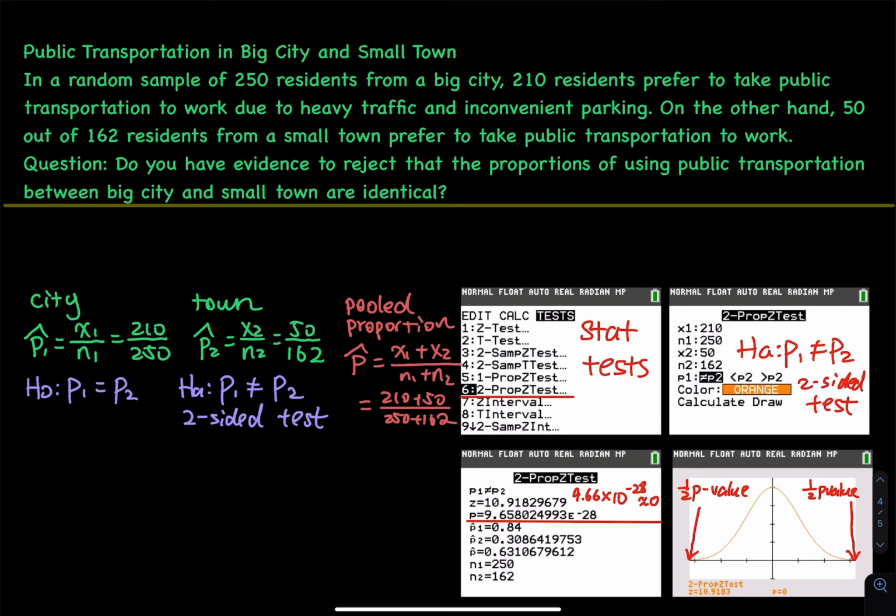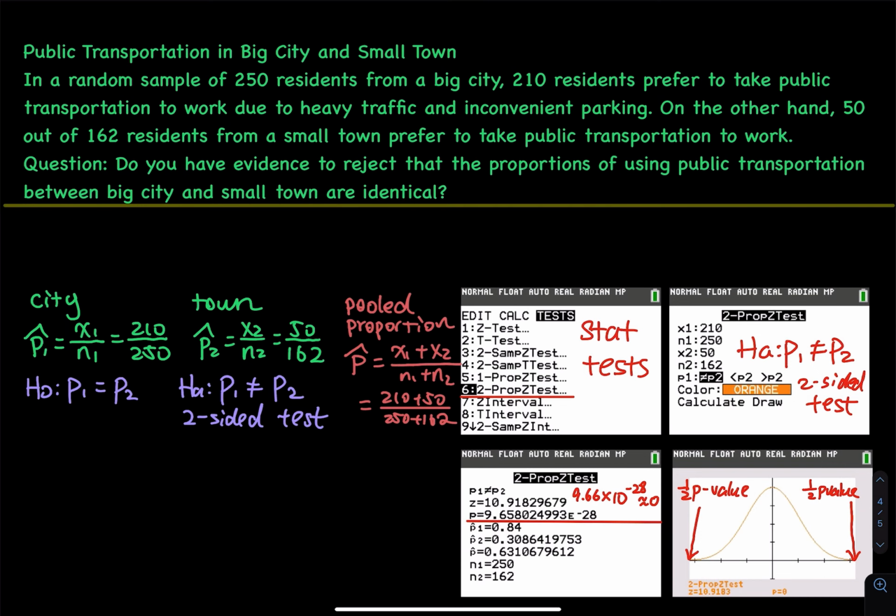You hit the stat key and then you go to TESTS and then you choose 2-PropZTest. That means 2 proportion z test. Once you click 2-PropZTest, they will show you a menu. If you completed a problem before, the numbers from the last problem are there.